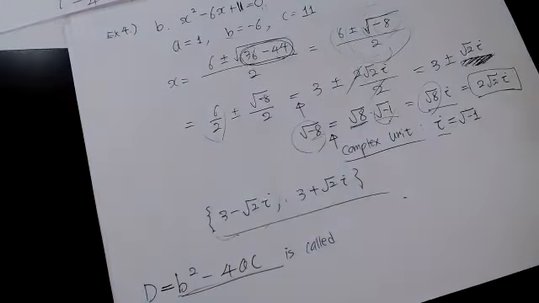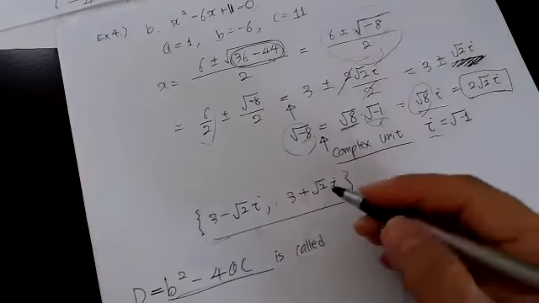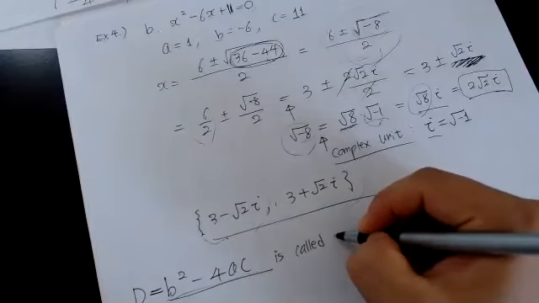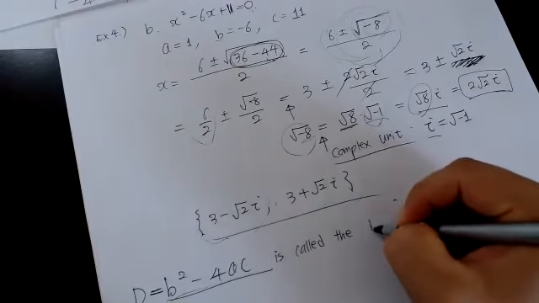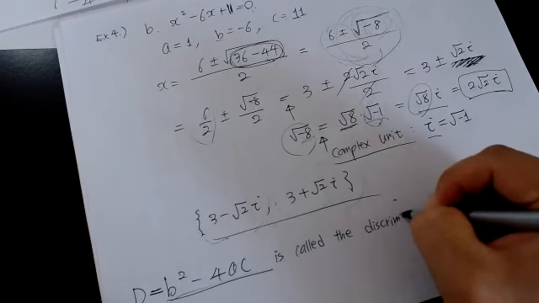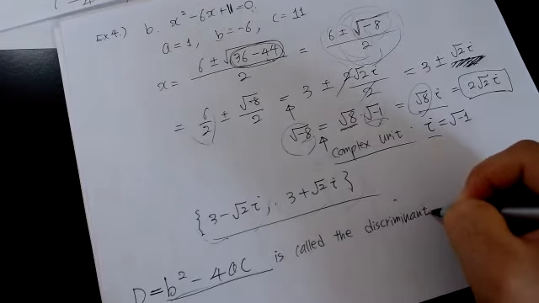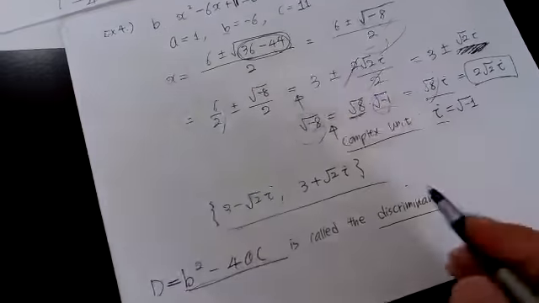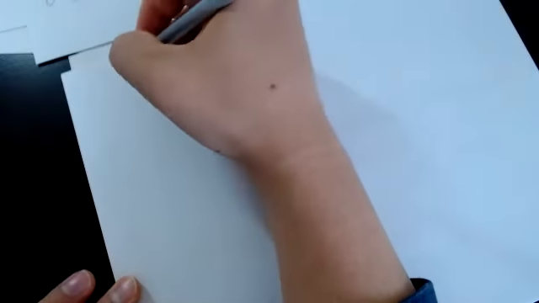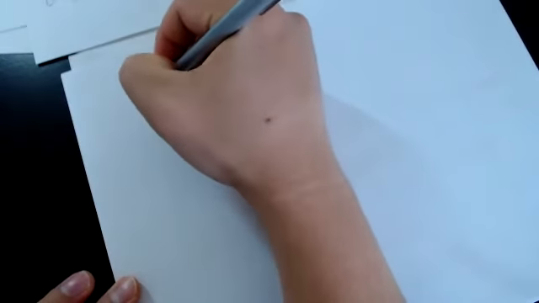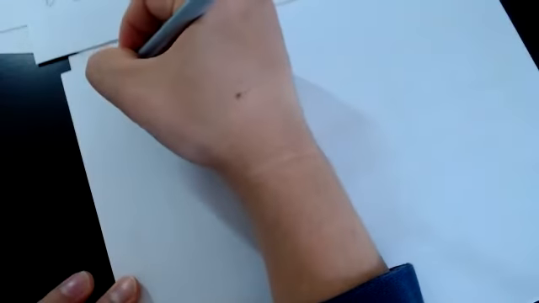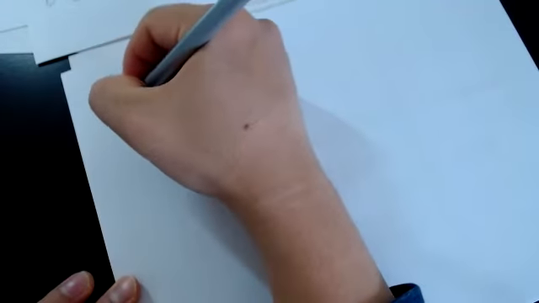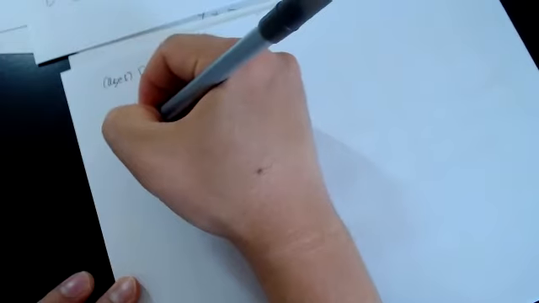This is the second objective in section 1.5. Now here we have to think about three cases: D greater than 0, D equal to 0, and D less than 0. So case 1, case 2, and case 3.